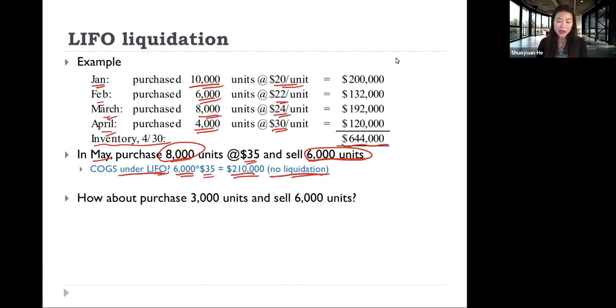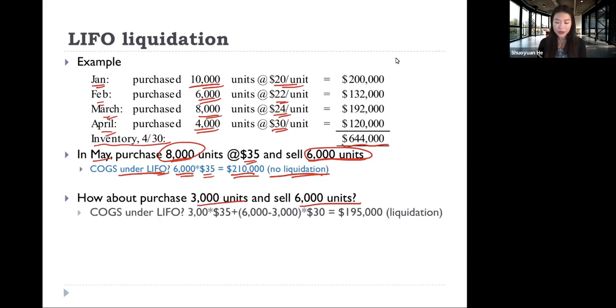However, suppose that we purchased 3,000 units in May and sold 6,000. What is the cost of goods sold under LIFO? In this situation, we sold 6,000 units. The first 3,000 units are coming from our last purchase in May, so those are at $35 each.